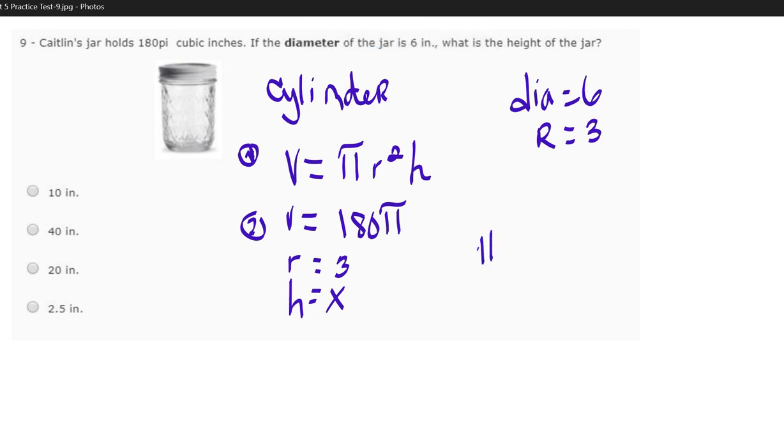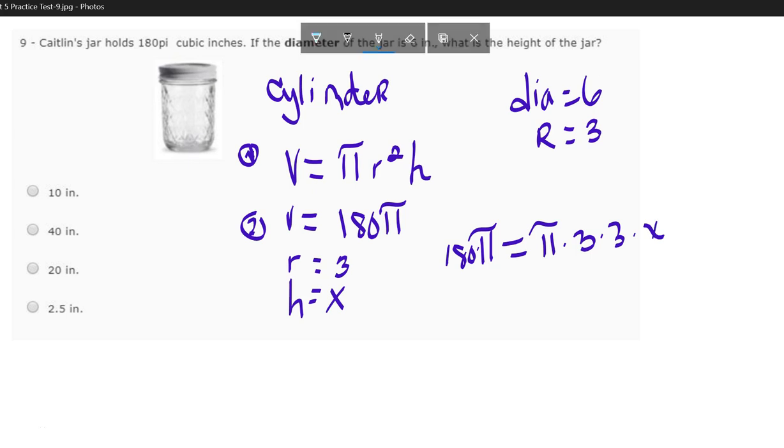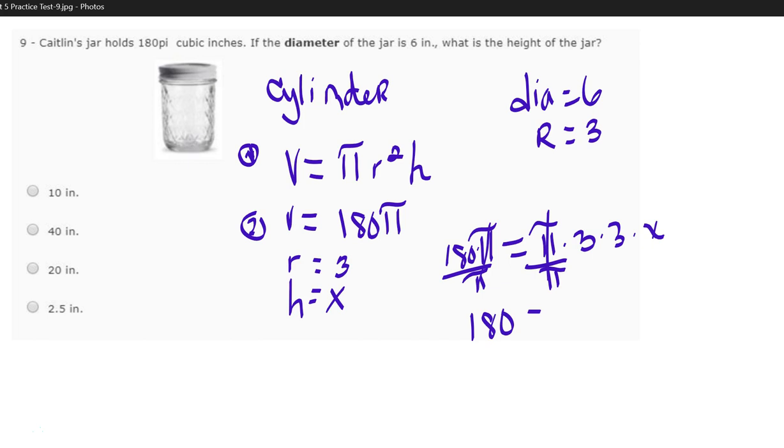We've got 180 pi equals pi again, r squared is 3 times 3, times the height. If you're in my class, I told you that if you see pi on both sides, get rid of it. Divide both sides by pi and just get rid of it. So I'm left with 180 equals, well, 3 times 3 is 9, and then you have x, and then you just finish and solve.